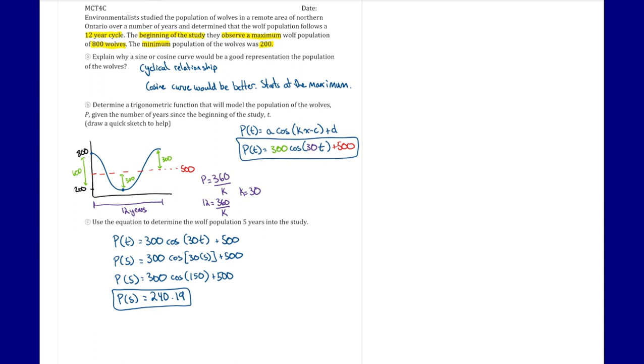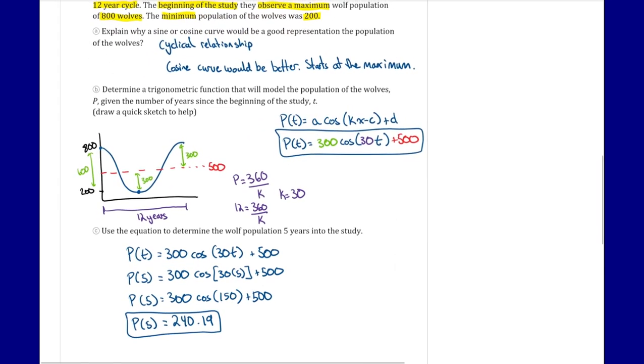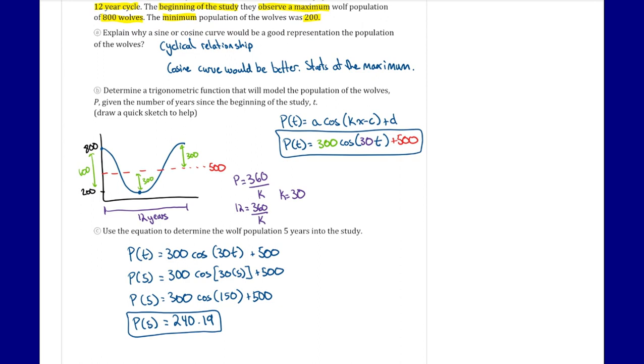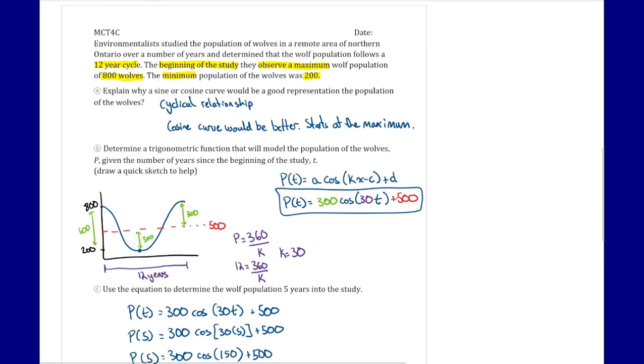If you are having a little bit of difficulty understanding where we came up with these values on our graphs, please make sure you go back and review those previous lessons. It helps being able to identify the key information, because once we have the graph, it should be relatively straightforward to input those values into our equation.